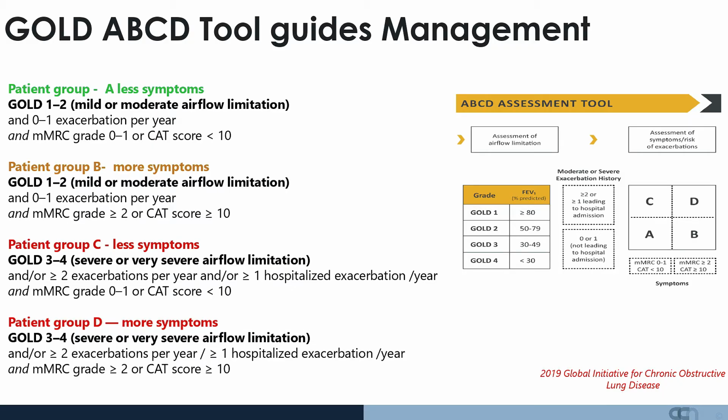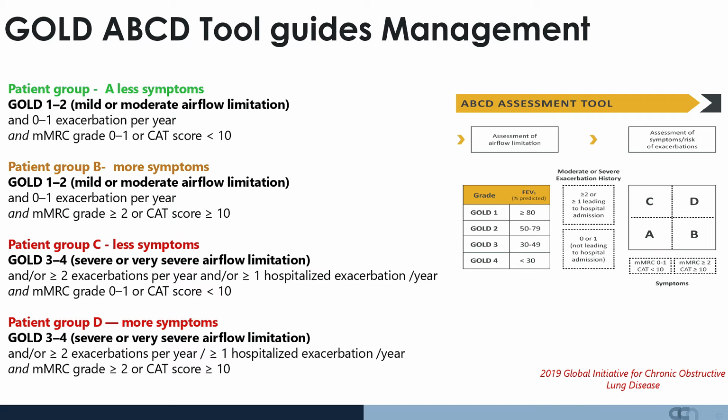Group A are those patients who experience few symptoms, and B experience many symptoms. Group C and D are those with severe or very severe airflow limitation, i.e. GOLD 3 or 4 category. But the difference between C and D is that C are those patients that despite having very severe or severe airflow limitation experience less symptoms, and D are those which experience severe symptoms.